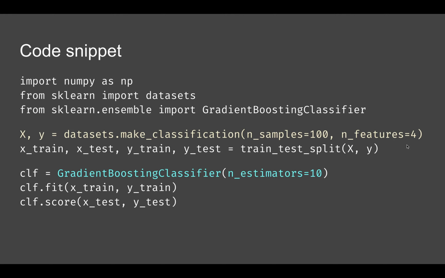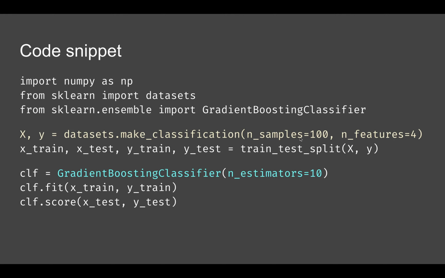Finally, for code snippet, here we have another library, Ensemble. So from sklearn.ensemble, importing gradient boost classifier, and we have the dataset X, y. So here I'm using this feature in Scikit-learn where we can easily create data for classification by using datasets.make_classification.